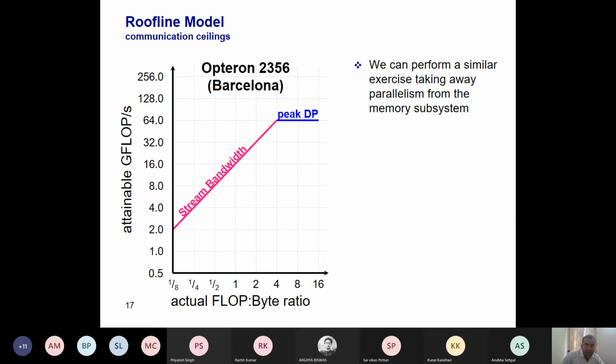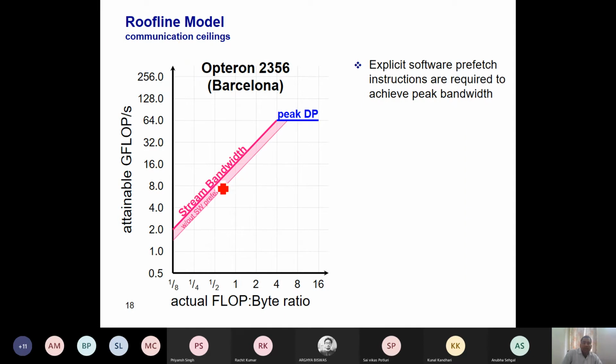Now let us see communication ceilings. That means your effective memory bandwidth can also come down. We can perform a similar exercise, taking away some parallelism from the memory subsystem. Here, this peak bandwidth was assuming that some prefetcher was working properly. But if your prefetcher is not working properly, then you don't fully utilize the bandwidth.